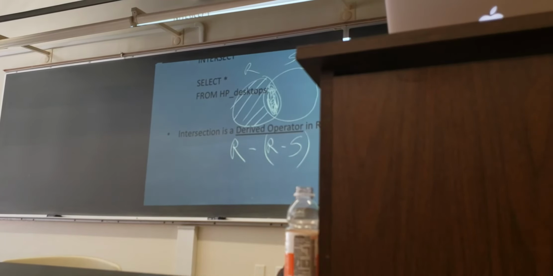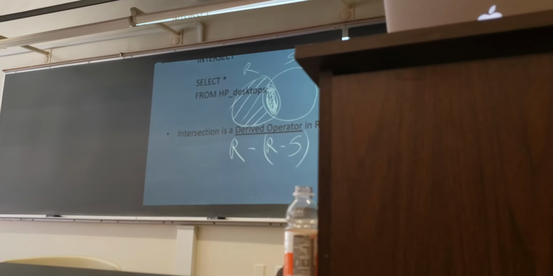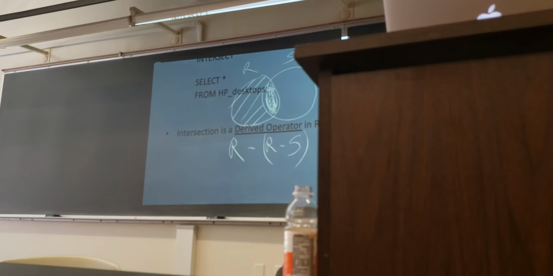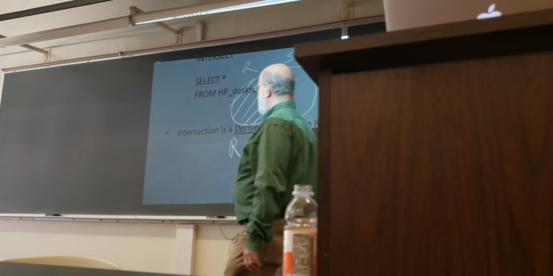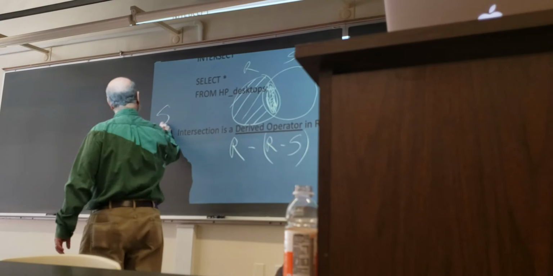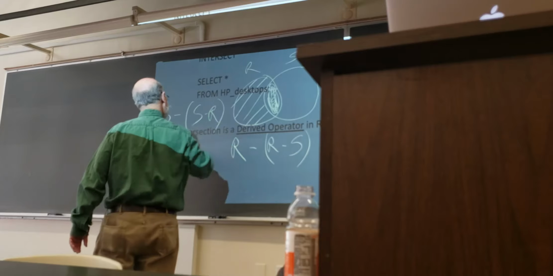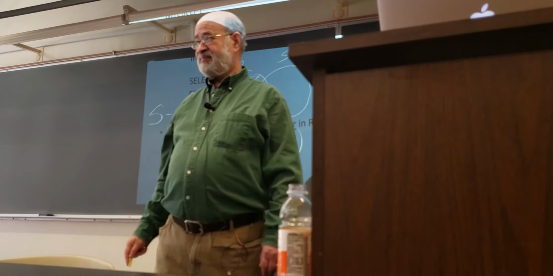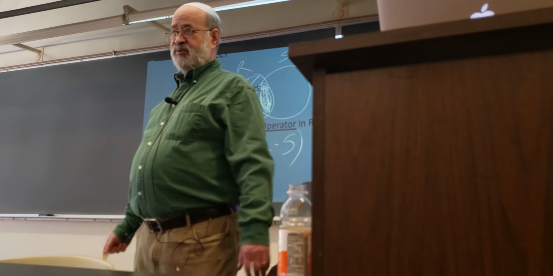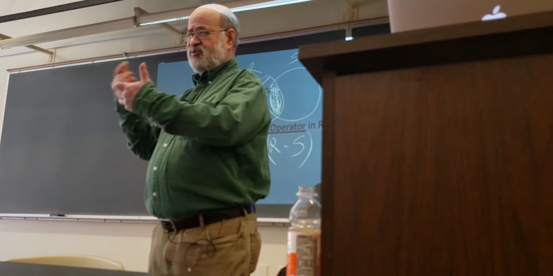So I not only can get by with just Codd's original 5 operators, I only need one of them used twice. If I take R minus (R minus S), that would give me the answer. And a question. Suppose that I wrote S minus (S minus R). How many think that would give me the intersection also? How many think it wouldn't? Of course it would. It's the same thing. It just means switching R and S around.